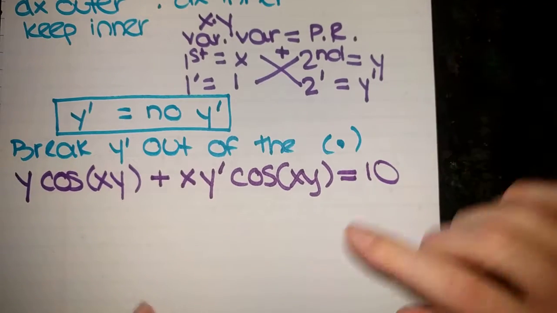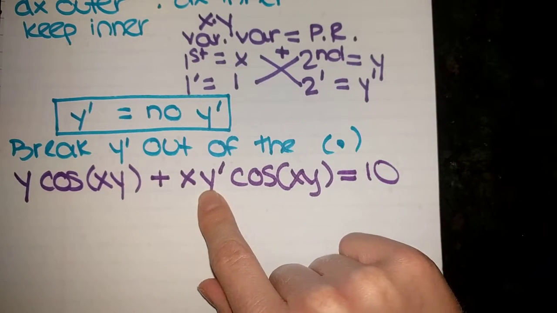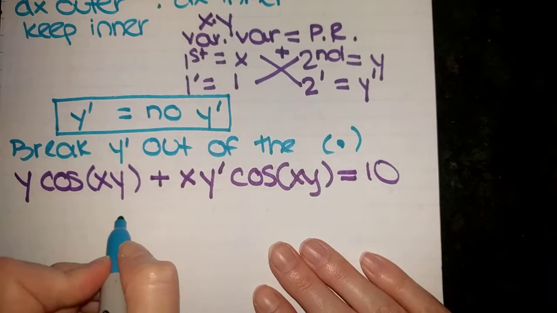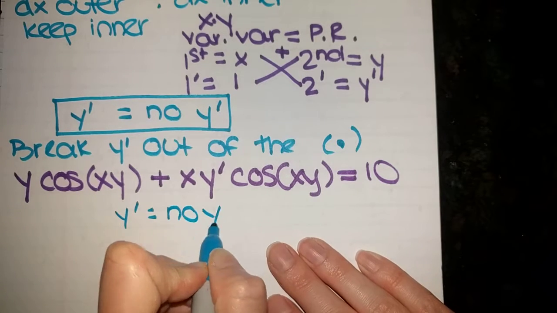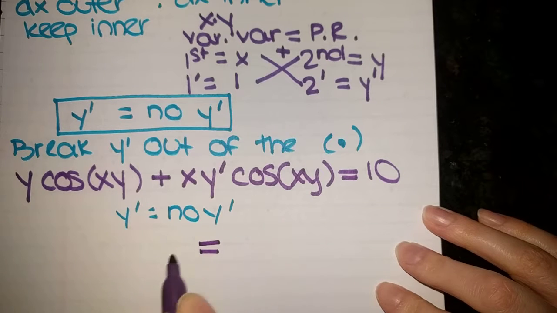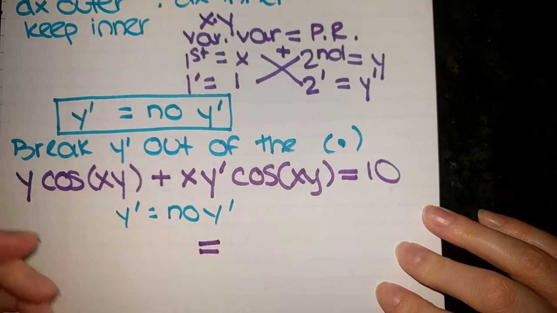Okay, so now the y prime is out of the parentheses, and now I can focus on getting all my y prime terms to one side and the no y prime terms to the other side. So if you look at this, on the left-hand side here, this term has to move over to the right-hand side. So I'm going to put my equal sign, and when I move this term over, it's going to change sign.